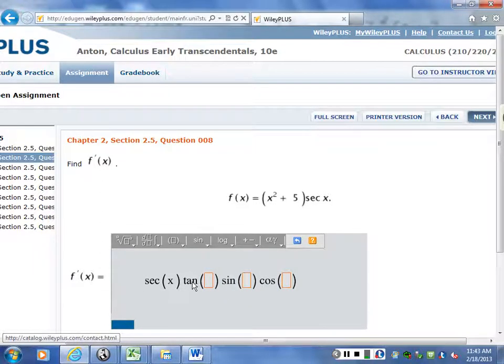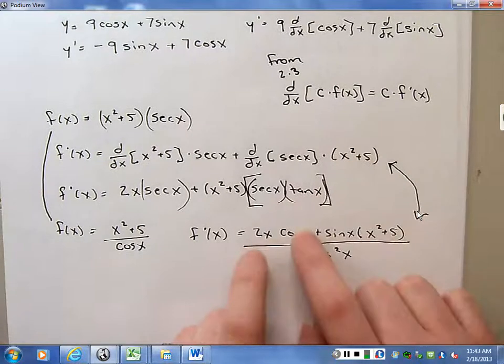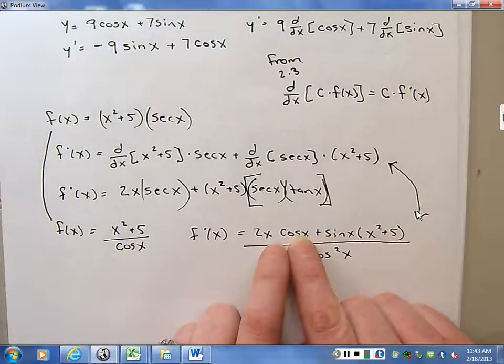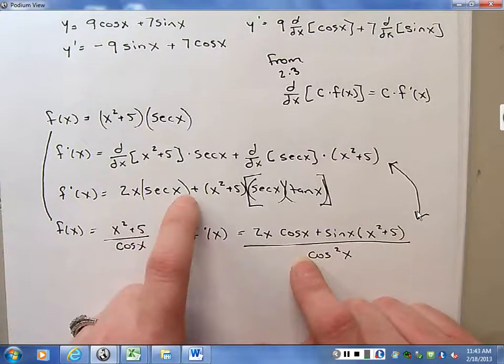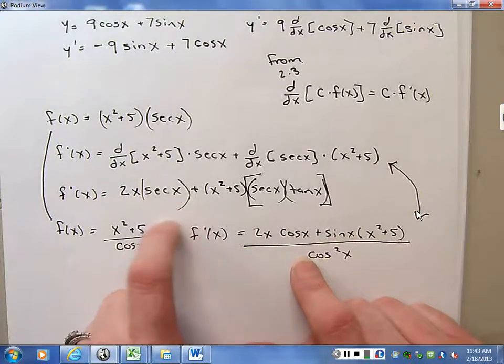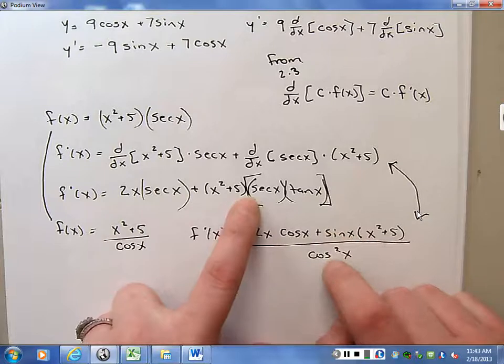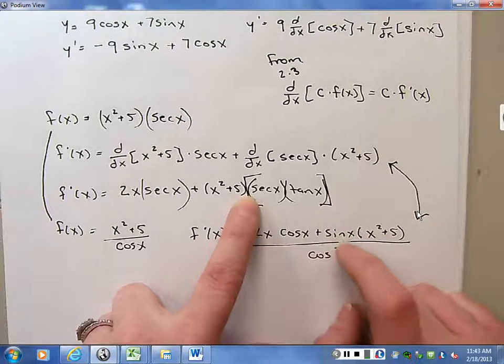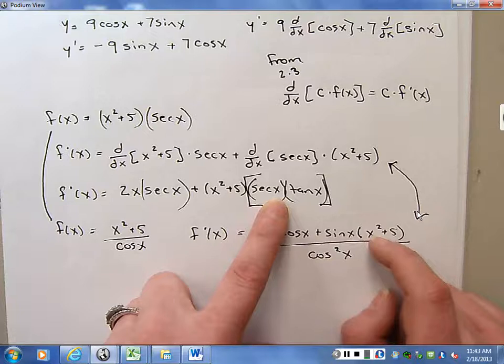But I wanted to show you, you can convince yourself these are the same thing, because if I find the common denominator, cosine over cosine squared would be 1 over cosine, which is secant, which is exactly what I have here, right? And then sine over cosine would be tangent, and then 1 over cosine is secant. So I have secant tangent times x squared plus 5.